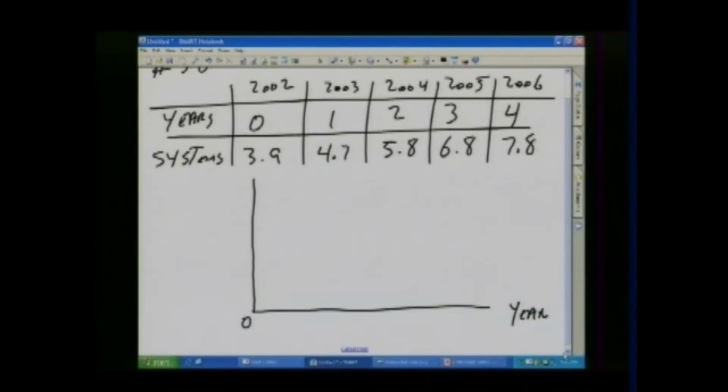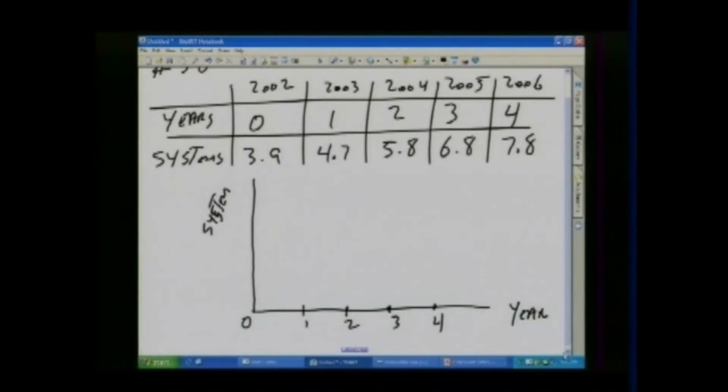And systems sold, the variable, on the vertical axis. So let's say the years go from 0, 1, 2, 3, 4. And for the systems, let's say, what are the numbers?